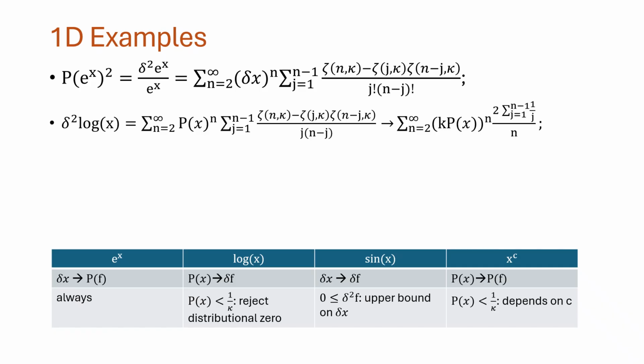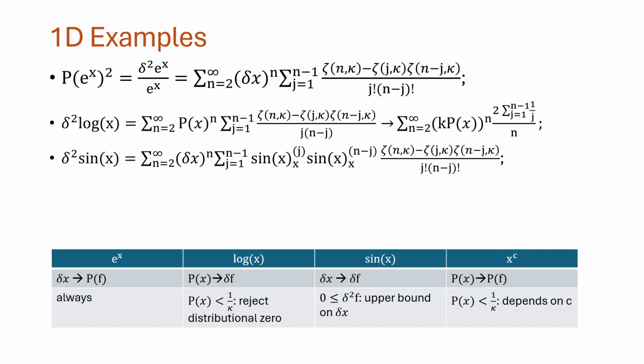So that is a very interesting result, because to let the result variance be limited, we have to reject the distribution around 0 from the bounding range for the log, right? And the third one is sine x.